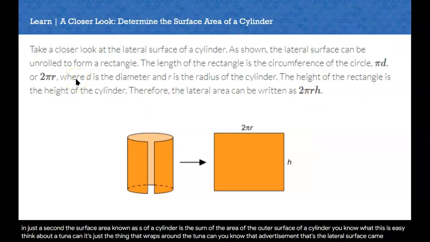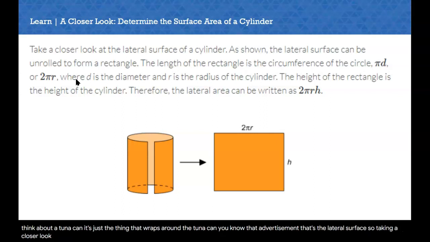Okay. So taking a closer look at the lateral surface of a cylinder, that advertisement around all of your cans, as shown, the lateral surface can be unrolled to form a rectangle. Check that out.